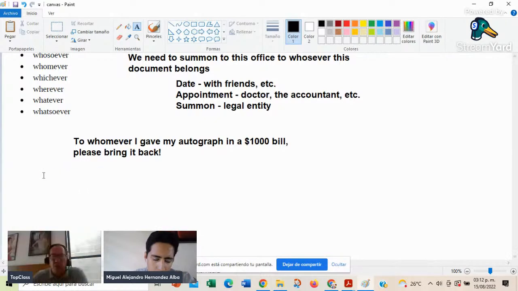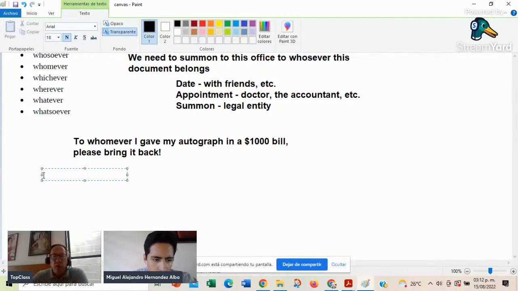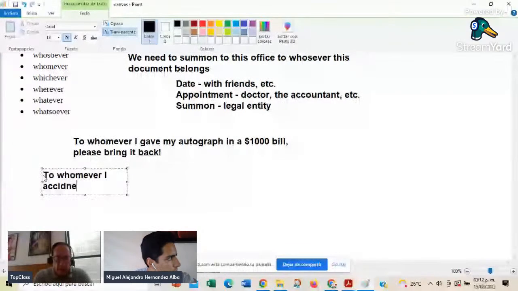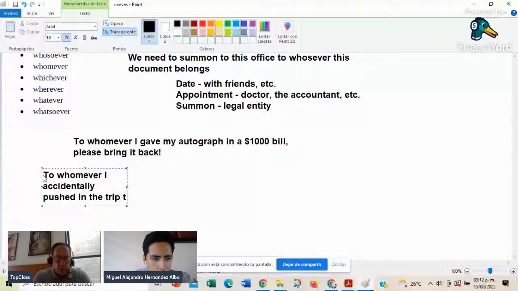Not necessarily money, but to whomever, for example, to whomever I accidentally pushed in the trip to the abyss of the what?